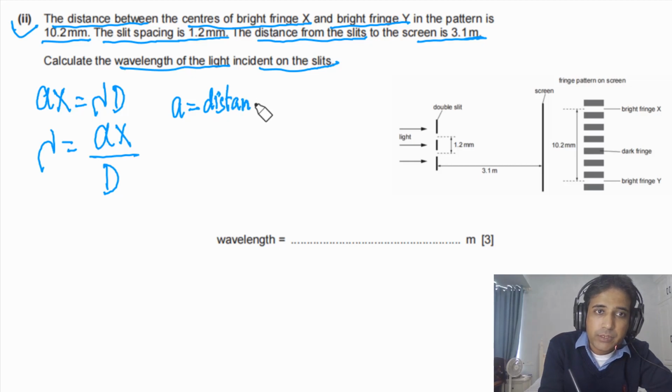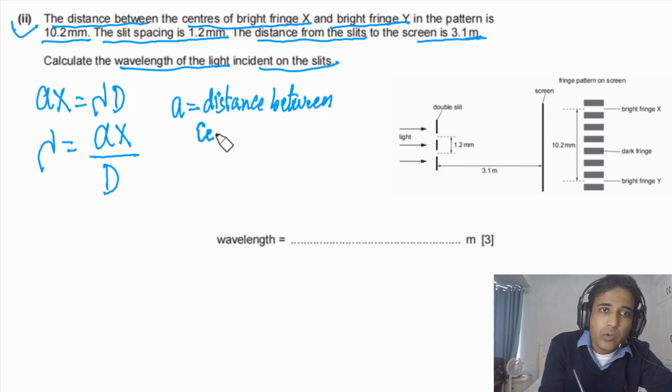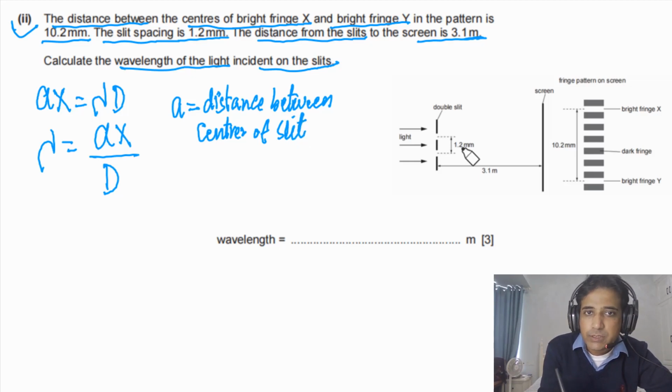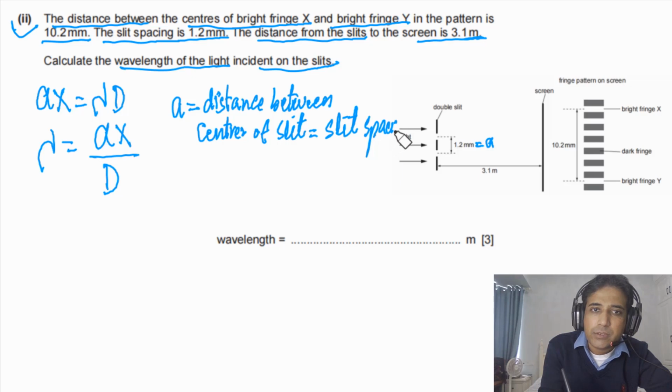So A is the center to center distance. You can see here, this is our value of A. We also call this the slit spacing. So you need to understand these terms.